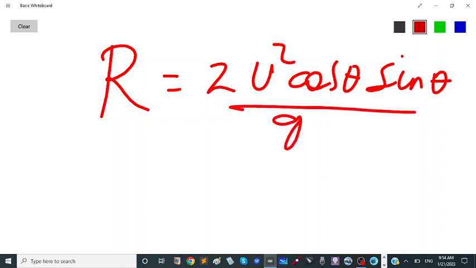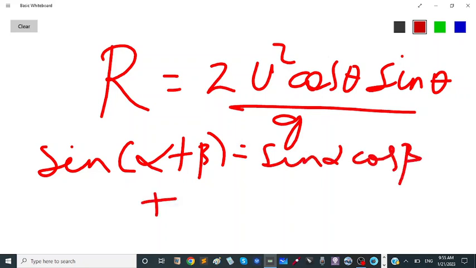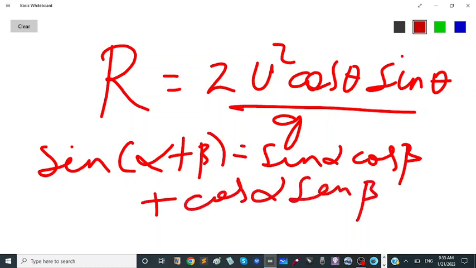But we know that from trigonometric relations, sine of alpha plus beta, if you remember, is sine of alpha cos of beta plus cos of alpha sine of beta.